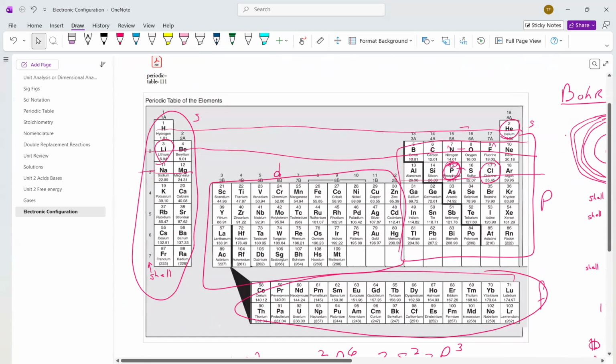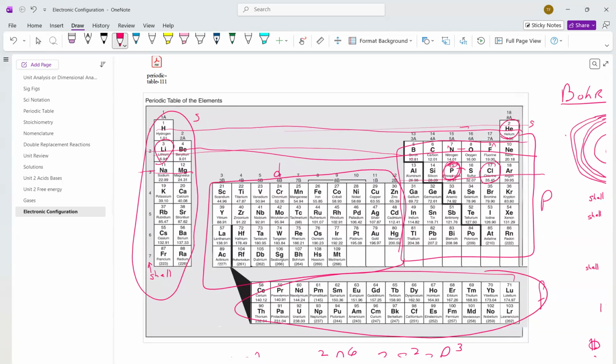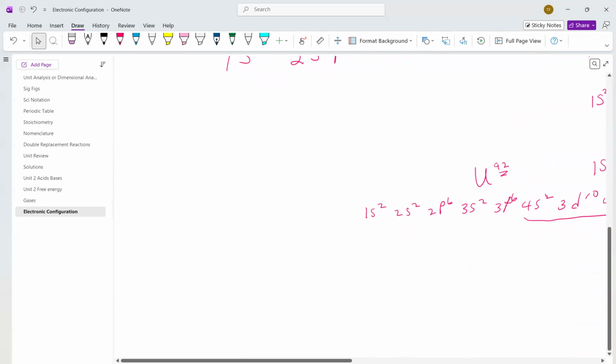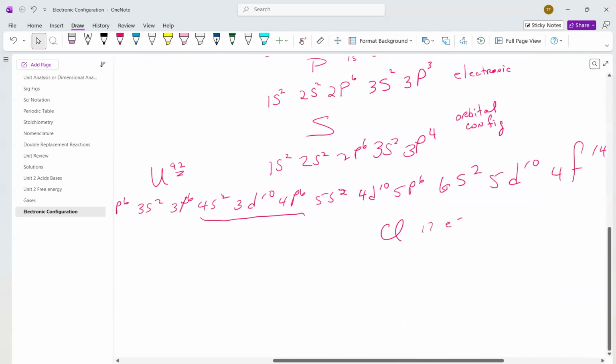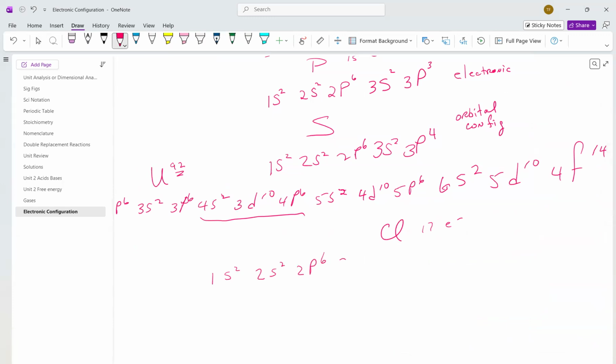That means when we're writing it out, we're going 1s2, 2s2, 2p6, 3s2, 3p5. Those are 5 in the p's. Okay, so that's the electronic configuration for chlorine.